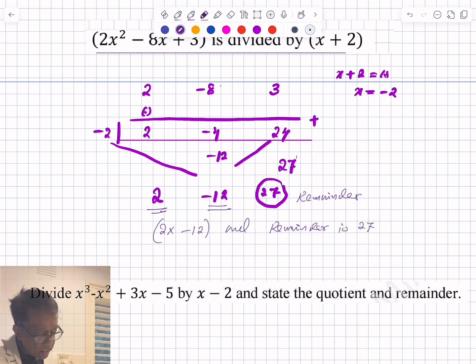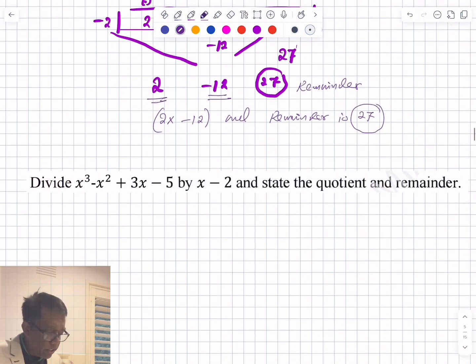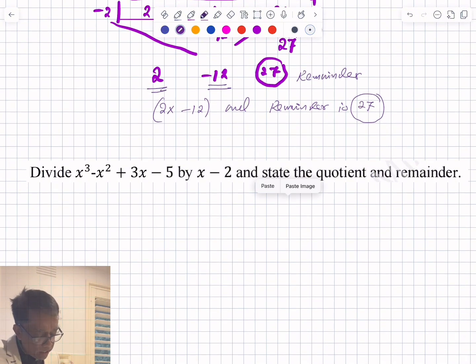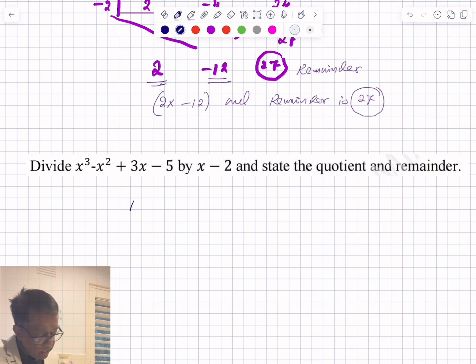x³ - x² + 3x - 5 divided by x - 2. We have to write down the coefficients: 1, -1, 3 and -5. Add 0 here, to the left of the leading coefficient 1. x - 2 equal to 0 means x is equal to 2.